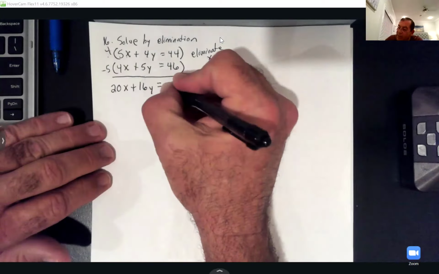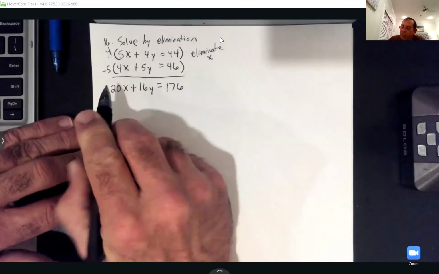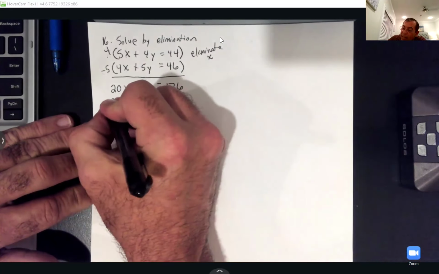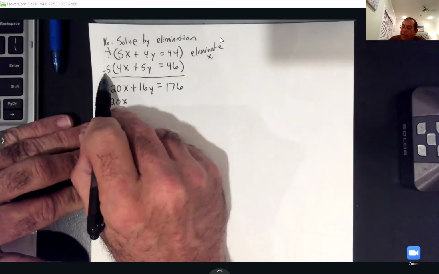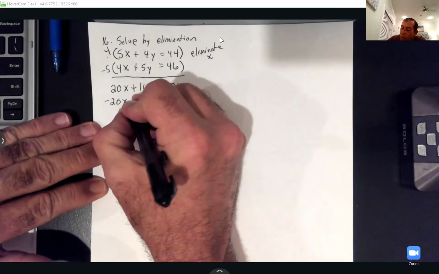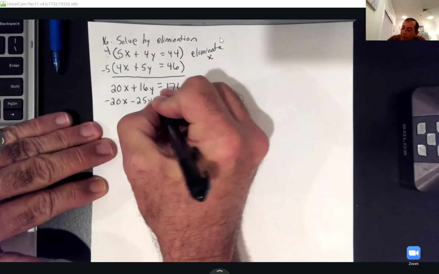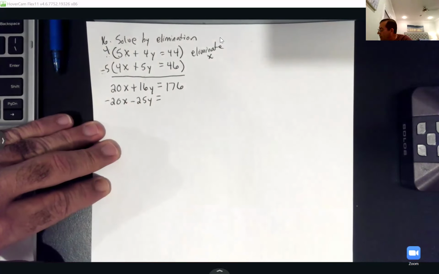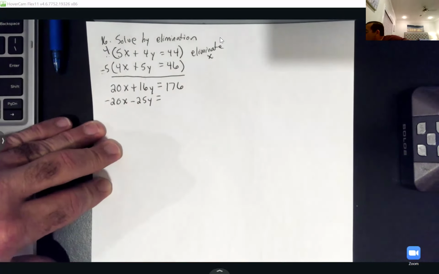So 176. Then this row, I'm going to multiply everybody by negative 5. So I'm going to get a negative 20x, negative 25y, and then negative 5 times 46 is a negative 230.